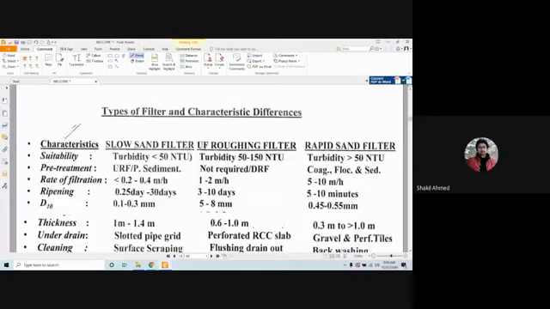Here are the characteristics of these three types of filter media: the slow sand filter, upflow roughing filter, and rapid sand filter. Rate of filtration, as you can see, is 0.2 to 0.4 meter per hour.